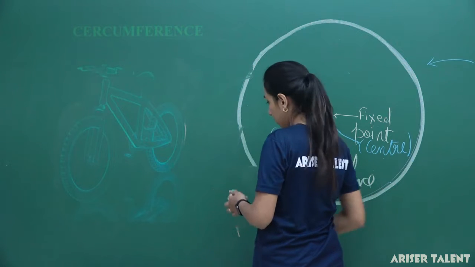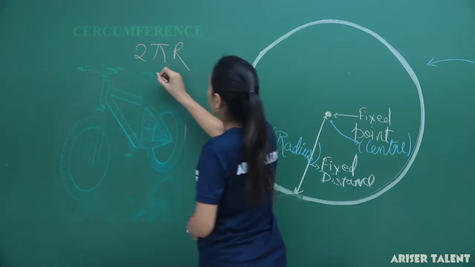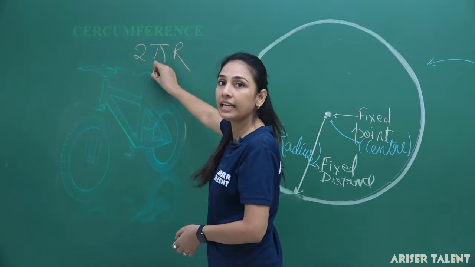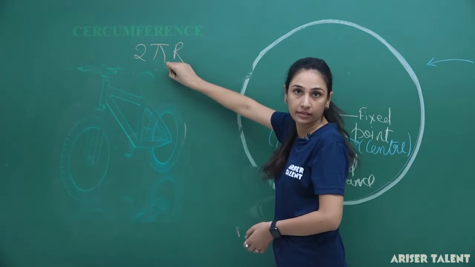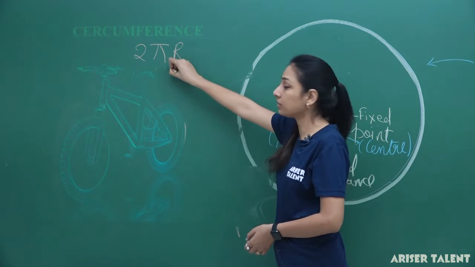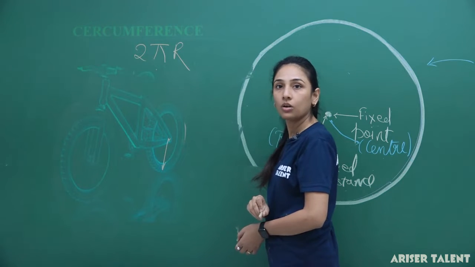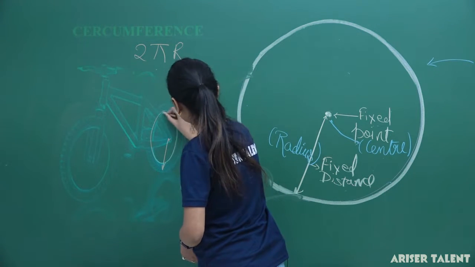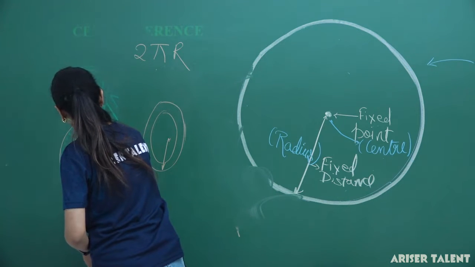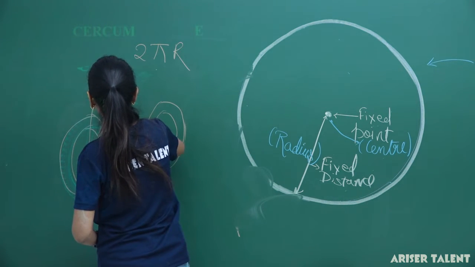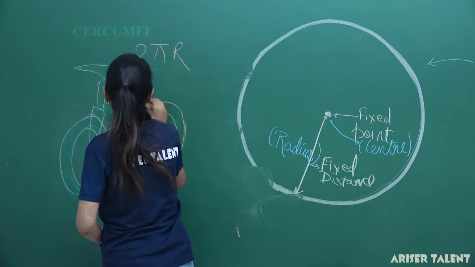Now this formula is 2 pi r. The value of pi in this case we will take as 22/7, and this is r, the radius. Radius is what? The fixed distance. In this case, the radius is from here to this. Okay, if this is the tire, this is your tire, and here you have a bicycle.